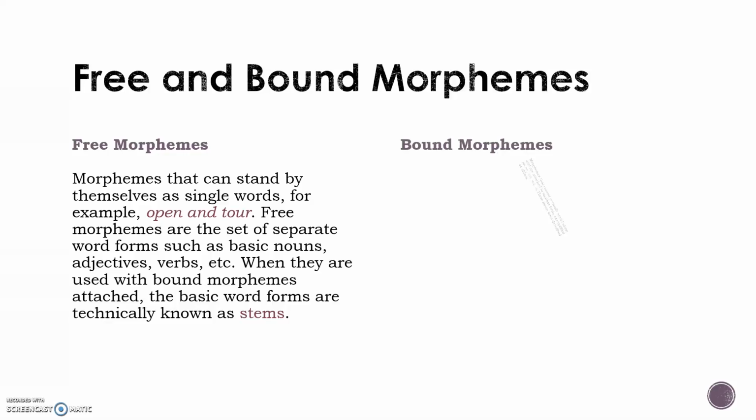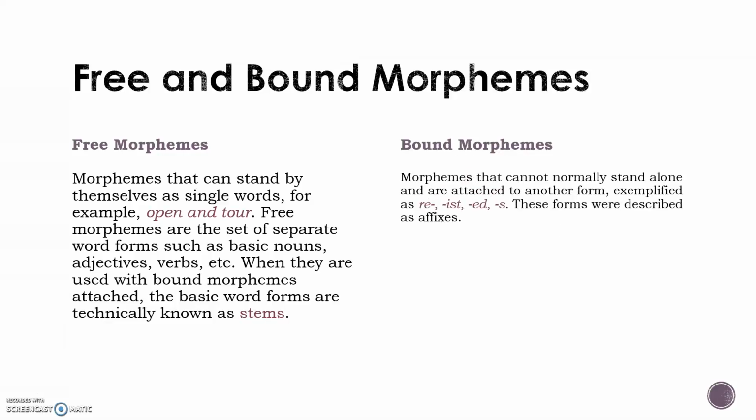Bound morphemes are morphemes that cannot normally stand alone and are attached to another form, exemplified as re-, -ist, and -ed. These forms are described as affixes. For example, the word carelessness has three morphemes: care, less, and ness.